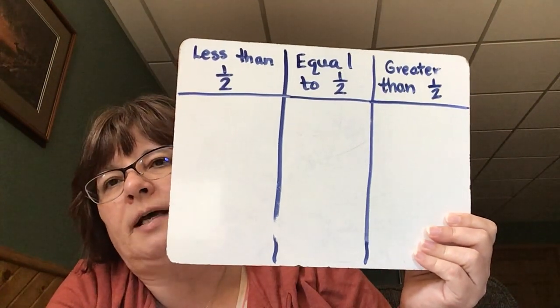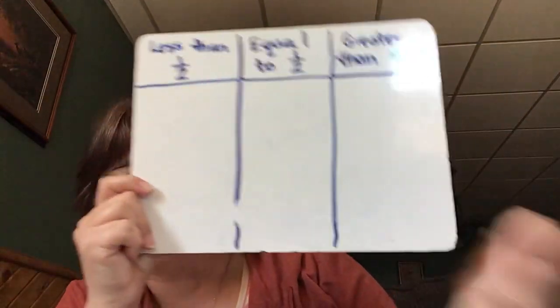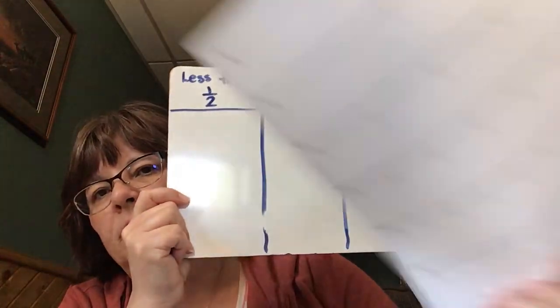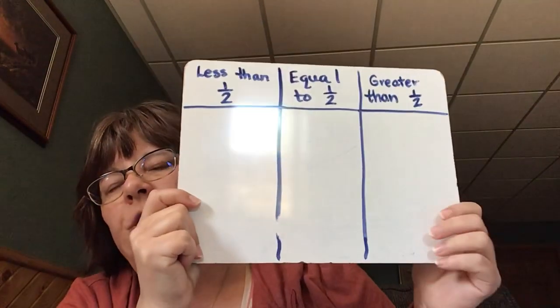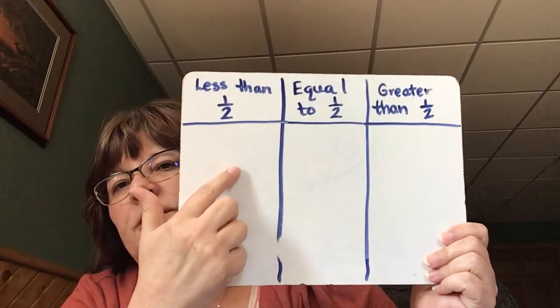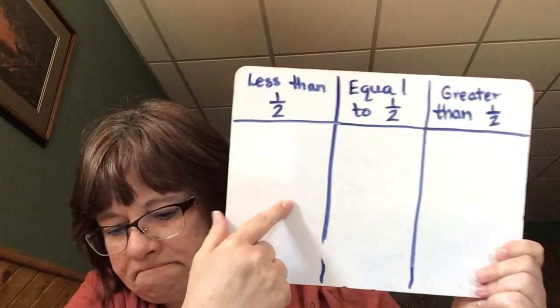So make sure you look at that. The directions want you to use that other page that you had, your poster, which is, this is my poster. And first you're going to write down all the fractions that you see that are less than 1/2 in this column.